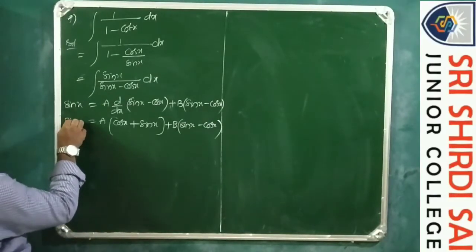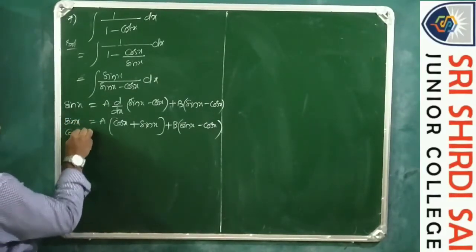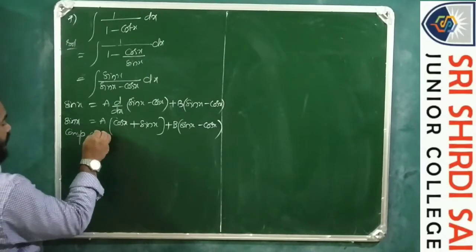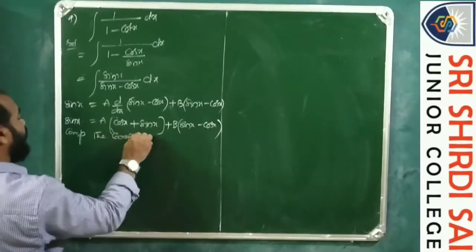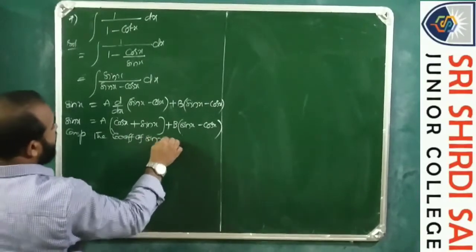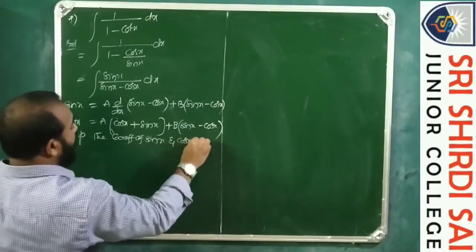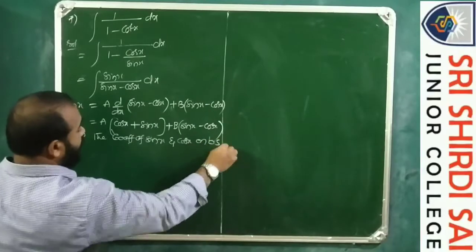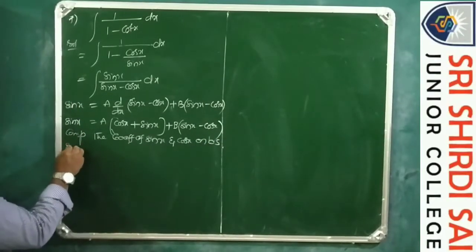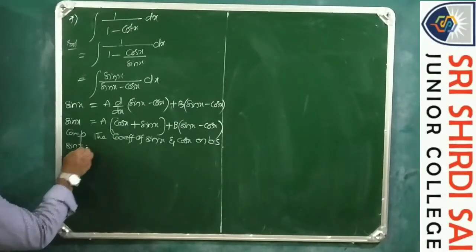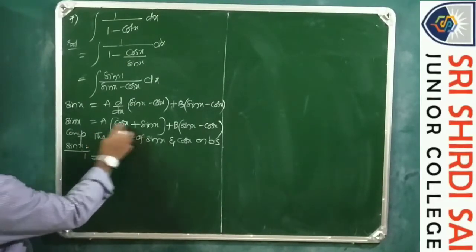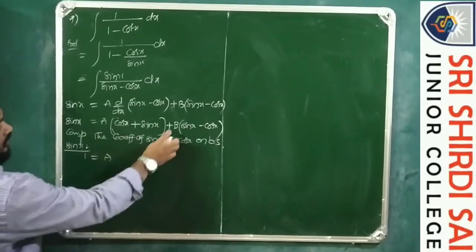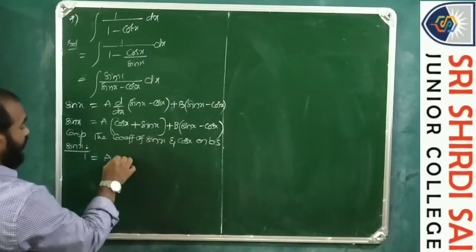This is equal to sin x. Comparing the coefficients of sin x and cos x on both sides. For sin x, the coefficient is 1 in the numerator. Here the sin x coefficient is a, and for b it is plus b.